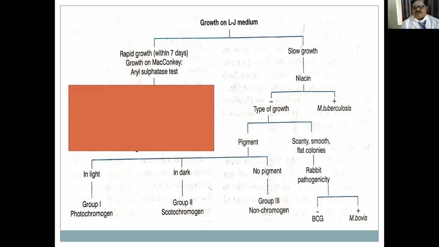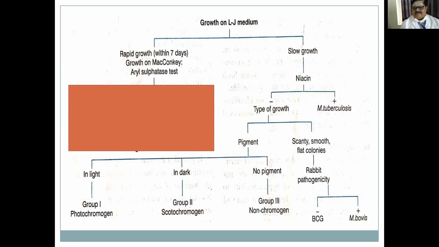Coming to slow growers, slow growth. Once you observe a slow growth on the Lowenstein Johnson medium, you do a niacin test. If the niacin test is positive, it is Mycobacterium tuberculosis. If it is negative, then you see the type of growth, the morphology of growth, that is on the culture media, how it looks.